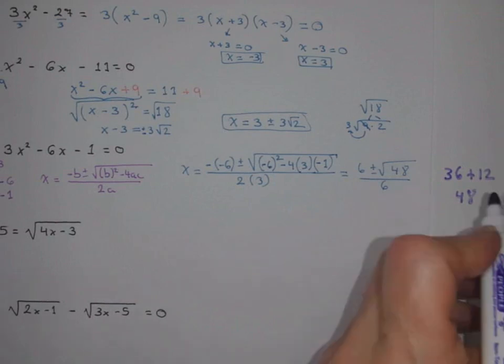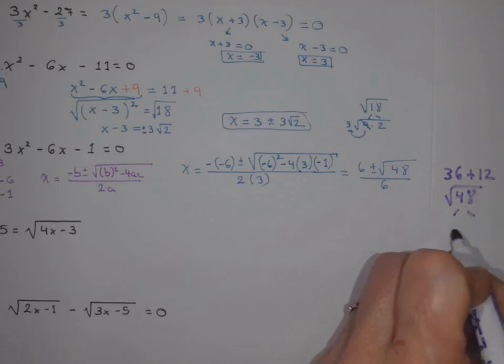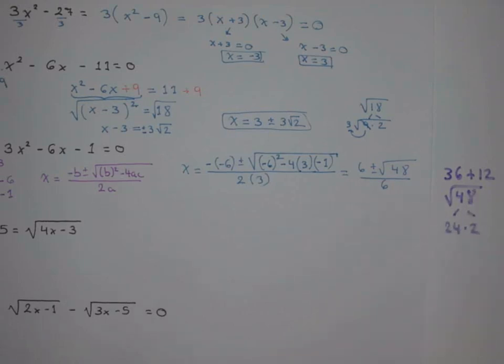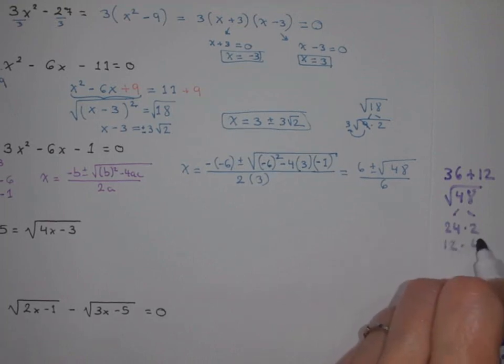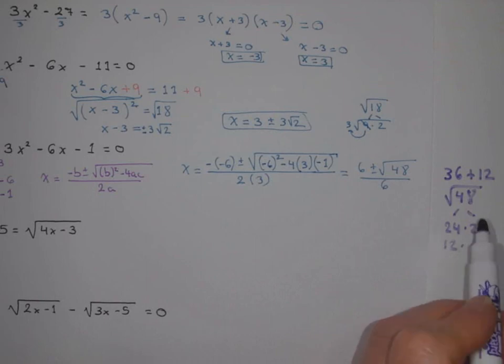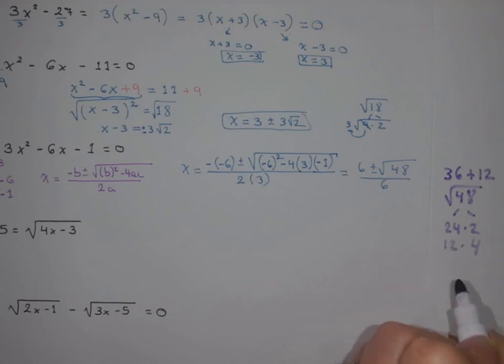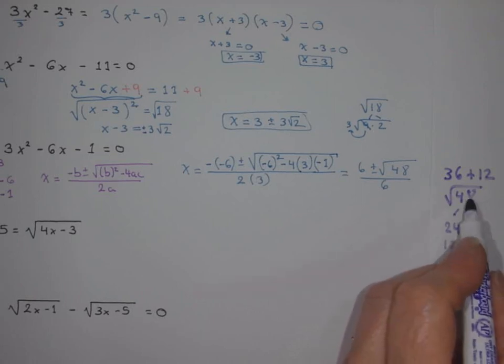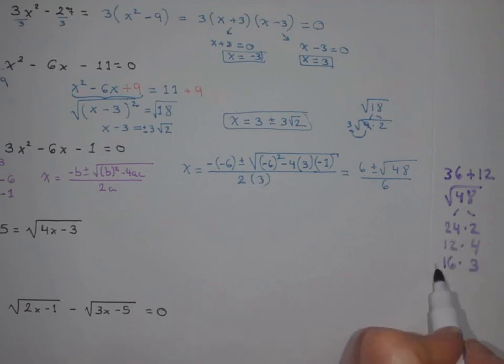Okay, well, our 48 here is in a square root, so we want to find the perfect square in 48. Well, 48 will be the same thing as 24 times 2. None of those are perfect squares. It would also be the same thing as 12 times 4, and 4 would be a perfect square, but we have a bigger one because 48 is also the same thing as 16 times 3, and that's definitely the biggest perfect square that we have in 48.